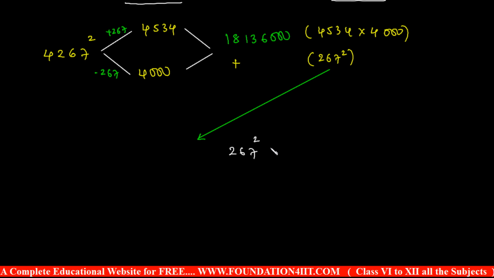What method did we follow? The same as previously: the nearest round figure is 300, which is 33 more. So we take plus 33 and minus 33. This is 300, and 267 minus 33 is 234. Then we multiply these: 300 into 234.